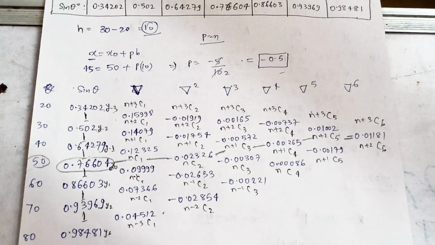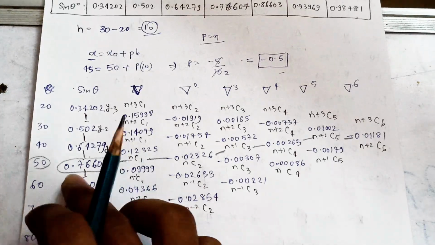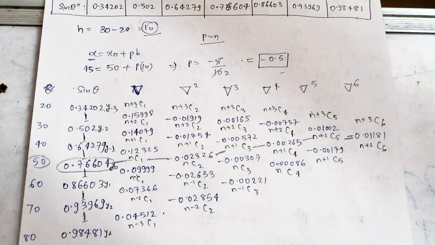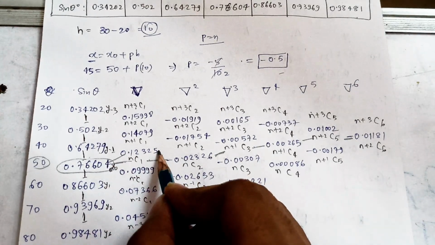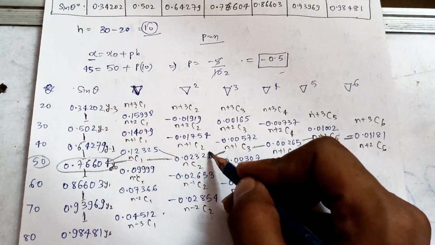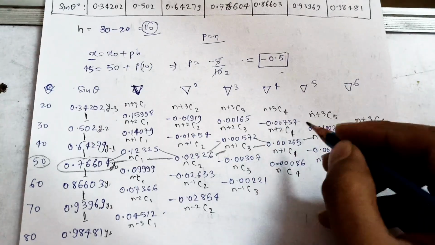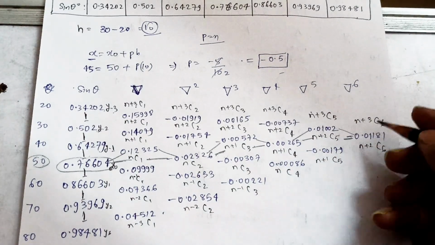Since we have drawn the straight line here, now we need to find out the Gauss backward formula. In Gauss backward formula we usually do this one step: we go to the top, then we go down, and again we go to the top and then down, then top, and we go down.